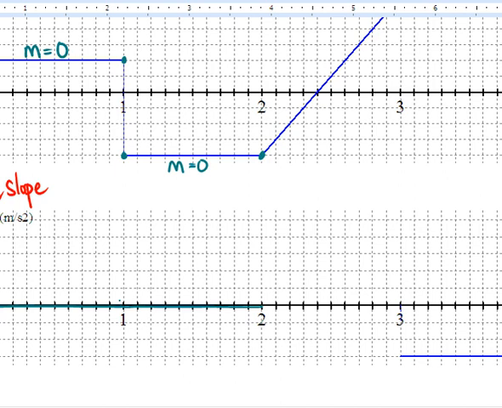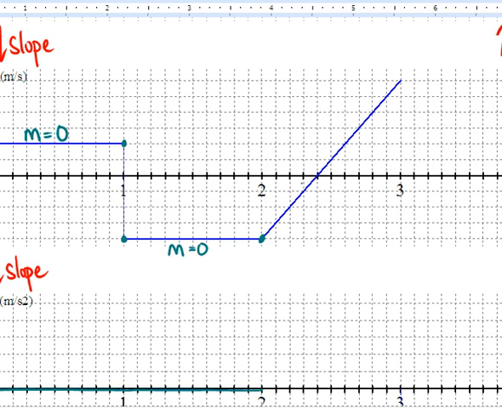Now, from 2 to 3 seconds, yay, we finally have a slope to calculate. This is good, otherwise we get bored. From 2 to 3 seconds, we go from negative 20 all the way up to positive 30. That's a rise of 50 meters per second, and that takes 1 second. So that's a slope of 50.